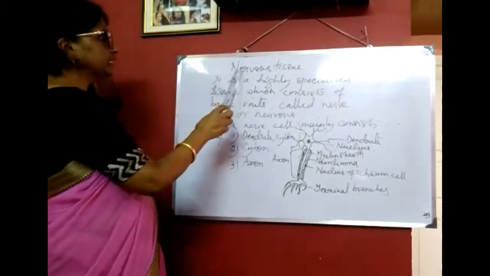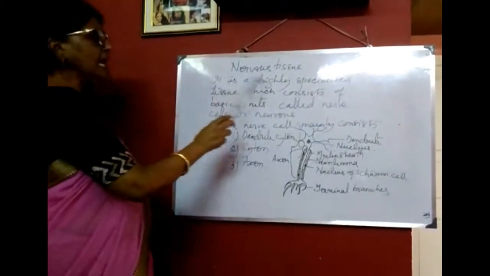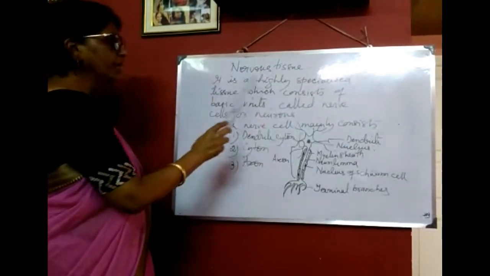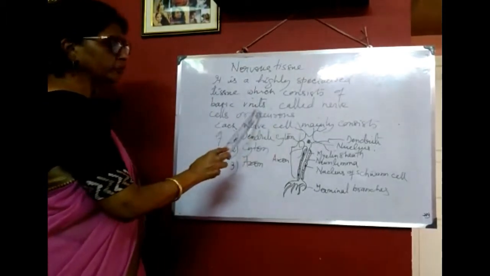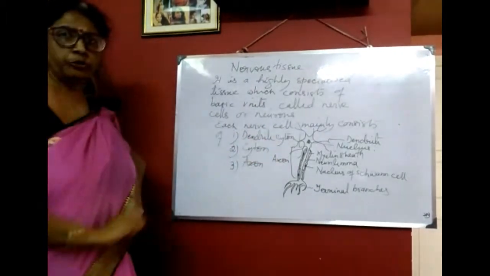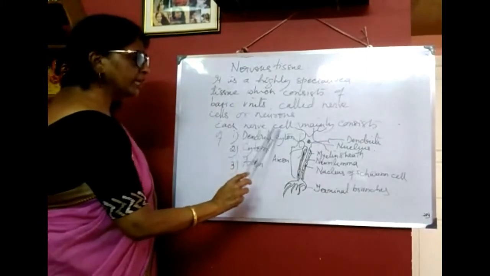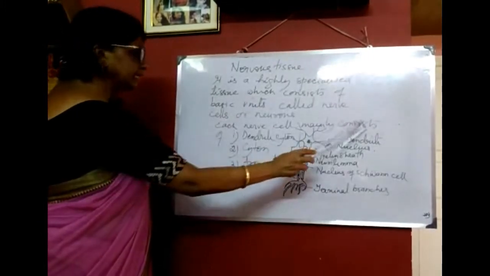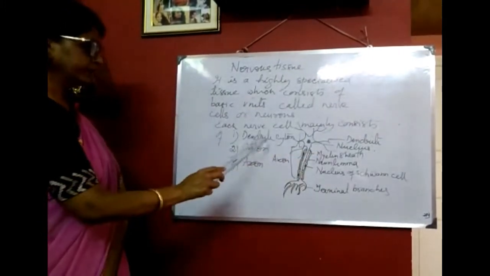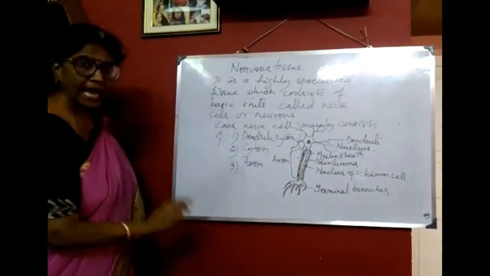Now I will discuss nervous tissue. It is a highly specialized tissue which consists of basic units called nerve cells or neurons. Each nerve cell mainly consists of dendrite, cyton, axon.